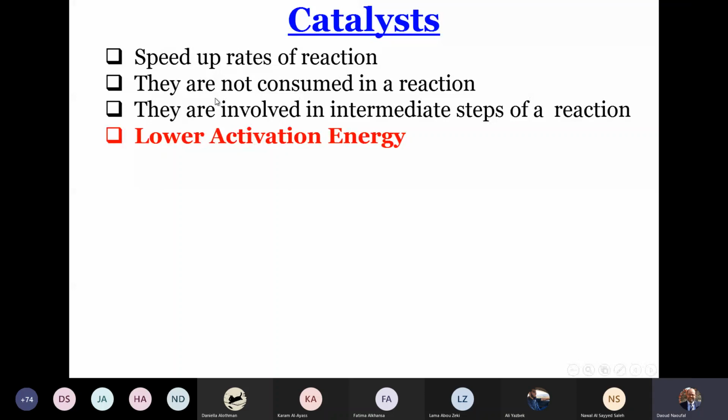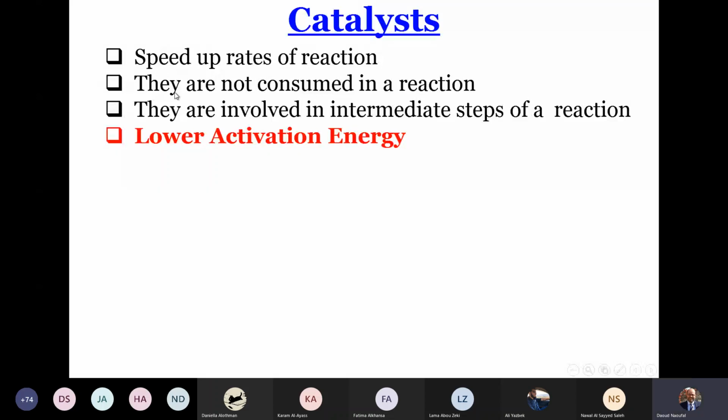So the catalyst is a substance added to the reaction system in order to make some non-spontaneous reactions spontaneous. And if the reaction is spontaneous, the addition of the catalyst increases the rate of this reaction.